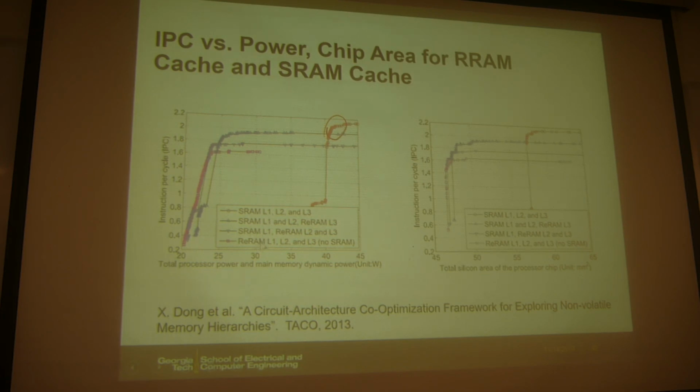And if you use all RRAM, then the IPC is low. However, the power is lower if you use RRAM, and area is lower if you use RRAM. This is as expected, right? So SRAM is still the fastest. So if you use RRAM, then the performance will degrade, but you can save area or power from this result. Of course, RRAM is not a good choice for cache.